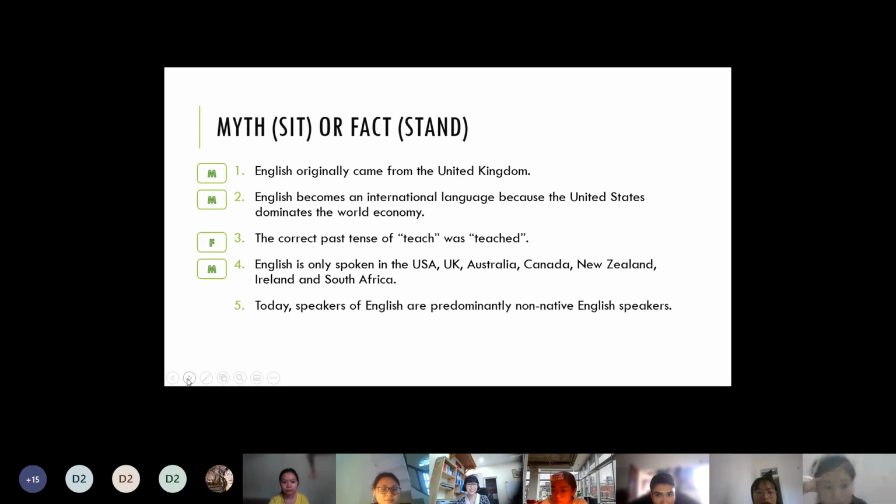And this, what do you think? Can I sit because I feel tired, or do I have to stand up now? Predominantly non-native. What do you think? I think it's a fact. Are you standing, Zhang? Yep, I'm standing. Okay, good. And I see Win standing too.